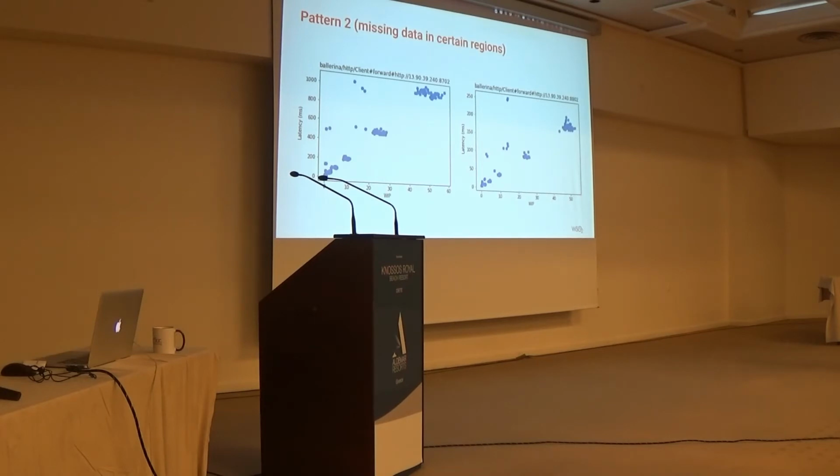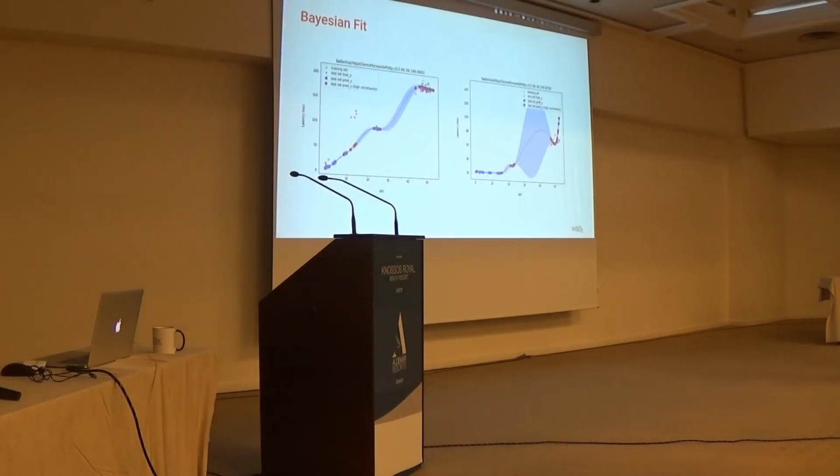What that means is that users are accessing, but the number of users is only in particular regions. These must be performance tests or something. So this is another pattern which we have seen when we analyzed the data.